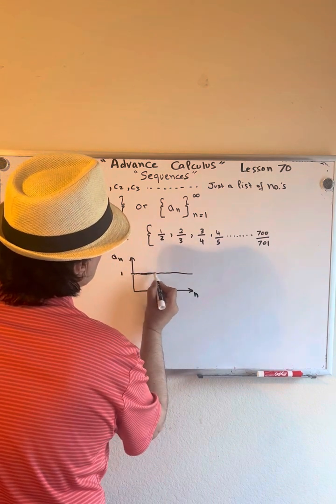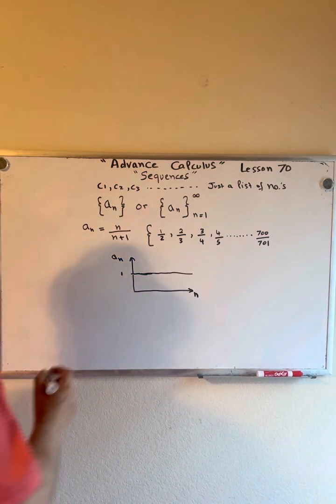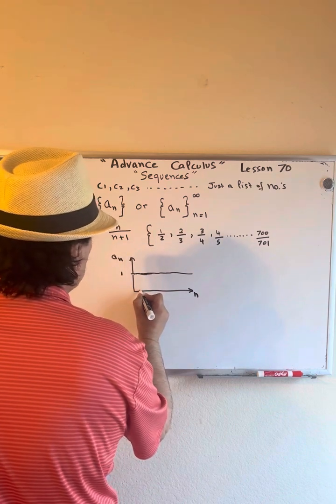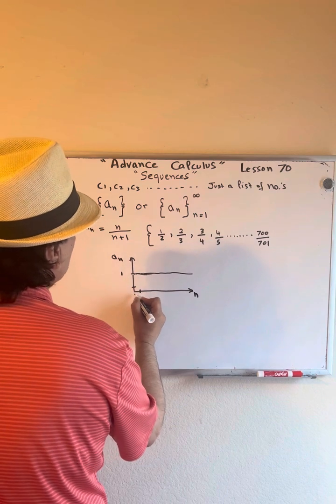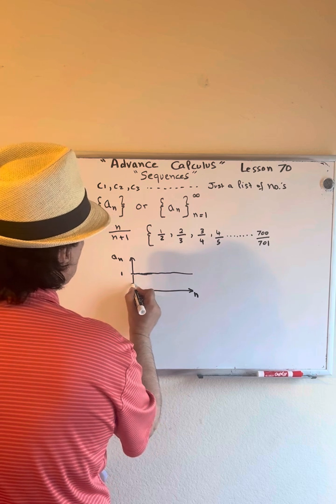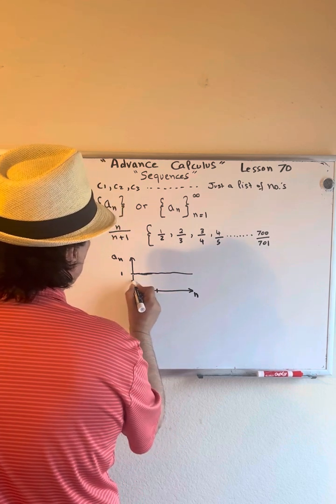There we go. Now, if you start plotting, if n is equal to 1, what is the function? It's 1/2. When n is equal to 2, it goes up to 2/3. When n is equal to 3, it goes up to 3/4.